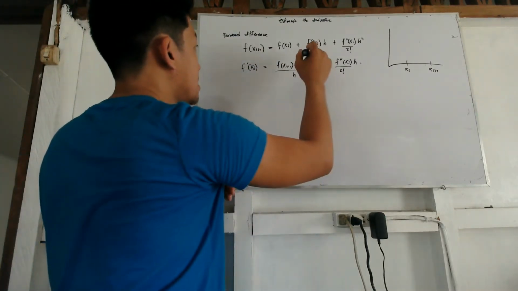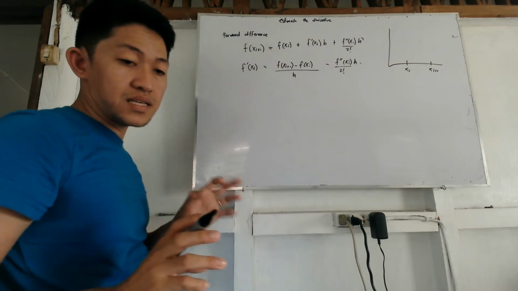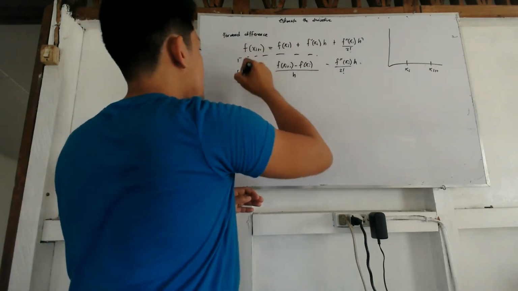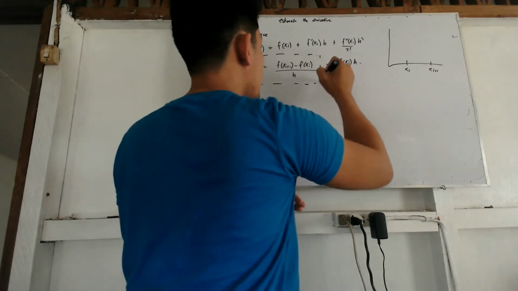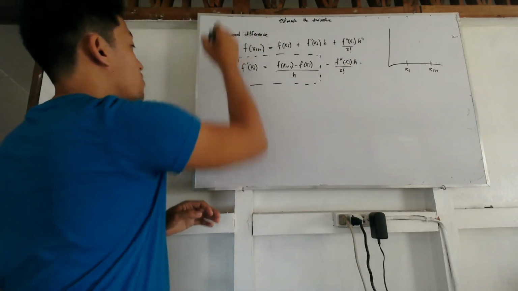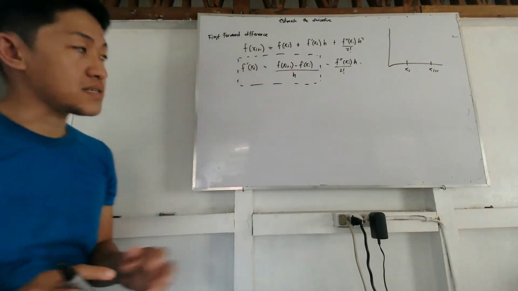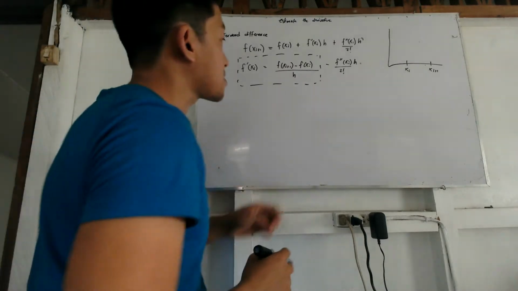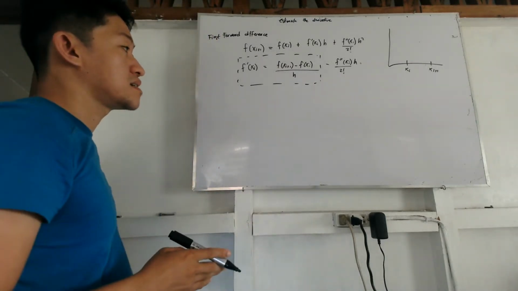By the way, it is usually truncated here. Okay, so this is the first forward difference, or this is the approximation of the first derivative using the Taylor series.